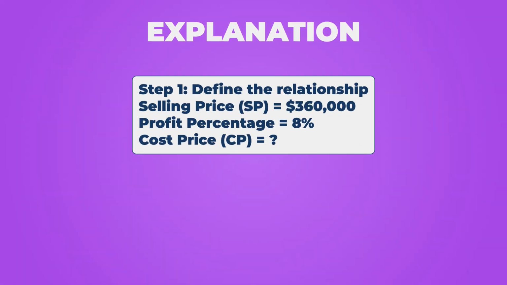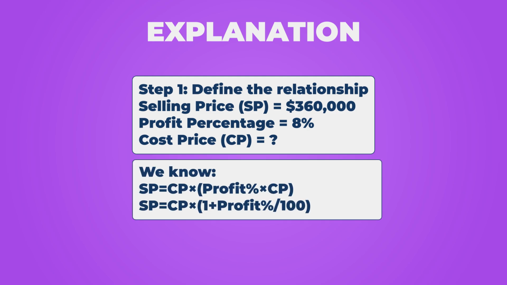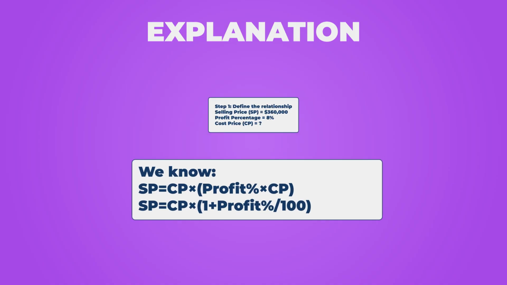Step 1, define the relationship. Selling price, SP, equals $360,000. Profit percentage equals 8%. And we don't know the cost price, CP. We know selling price equals cost price plus profit percent times cost price. Selling price equals cost price times 1 plus profit percent divided by 100.